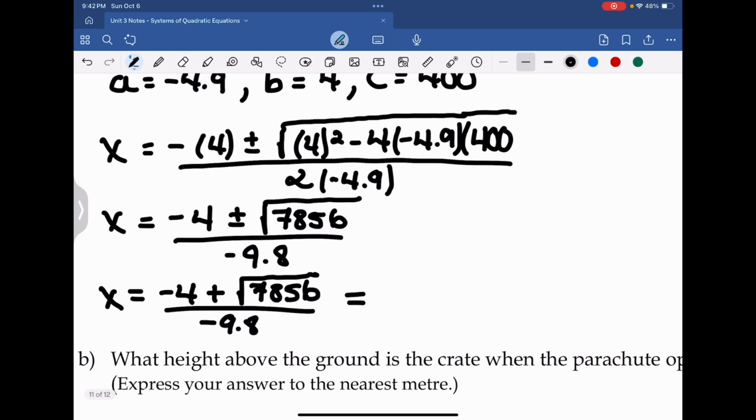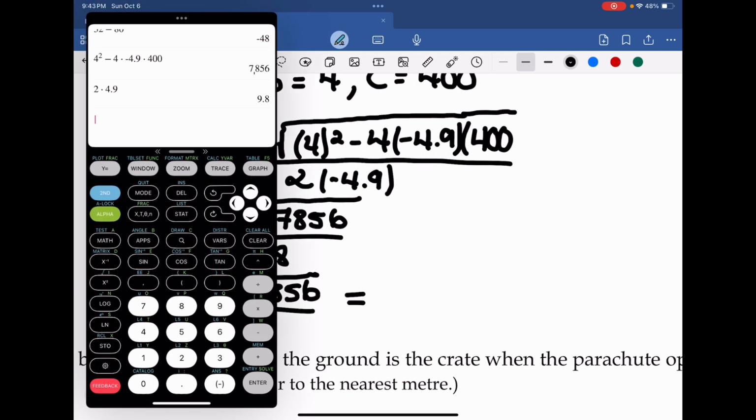I think it makes sense to just evaluate them one at a time in the fraction. So we're going to go math frac, negative 4 plus the square root of 7,856 divided by the negative 9.8. This is going to give us negative 8.63, and this is in seconds.